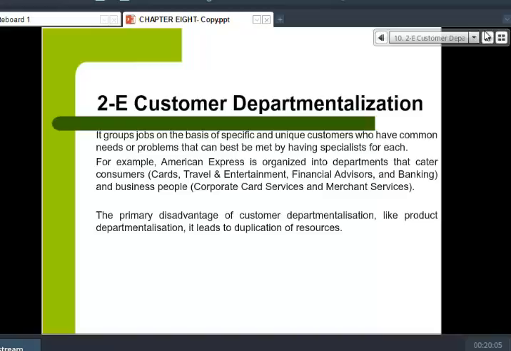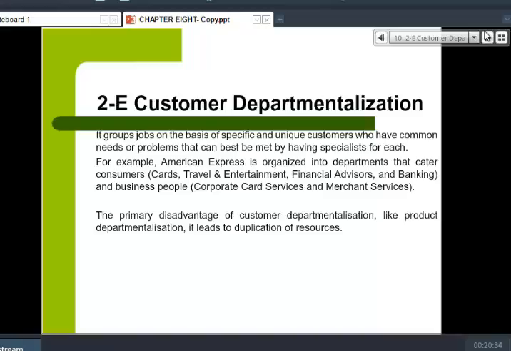For example, American Express is organized into departments that cater to customers. So let's say we have a cards department, we have a travel and entertainment department, we have financial advisors, we have banking and business people.